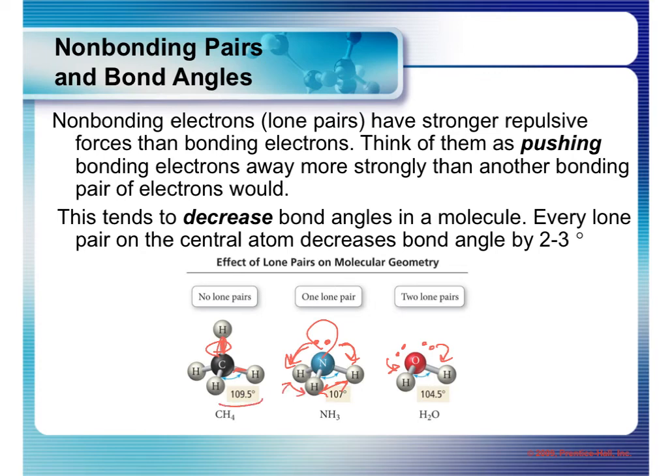So you may remember that the bond angle associated with the tetrahedral is 109.5, but for each lone pair, the bond angle is going to get squeezed in or decrease by somewhere between 2 and 3 degrees. So if you have two lone pairs in a structure, for example, water, you're going to get an even larger decrease of the angle of remaining bonds.